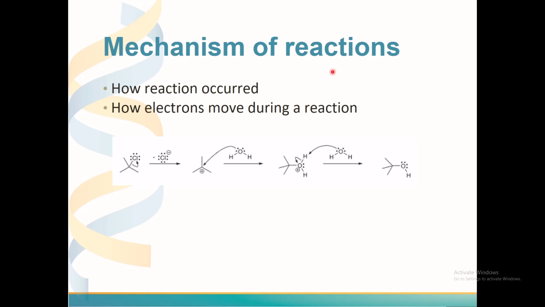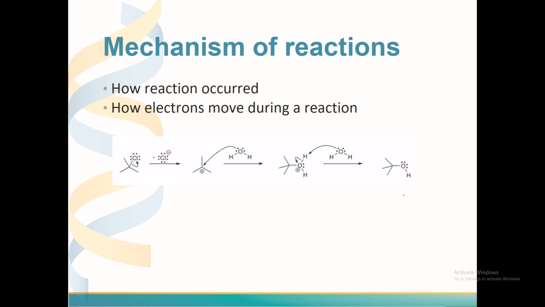The mechanism of reactions shows how the reaction occurred, and basically in principle it shows how the electrons move during a reaction. In a chemical reaction, it will always be in the form of an electron moving around.